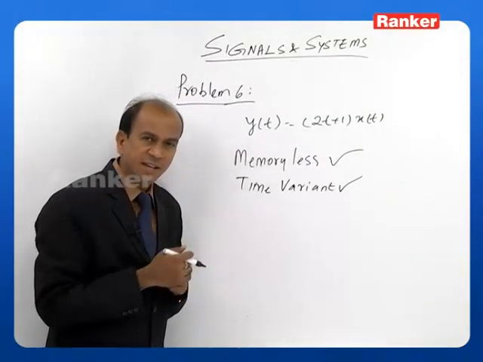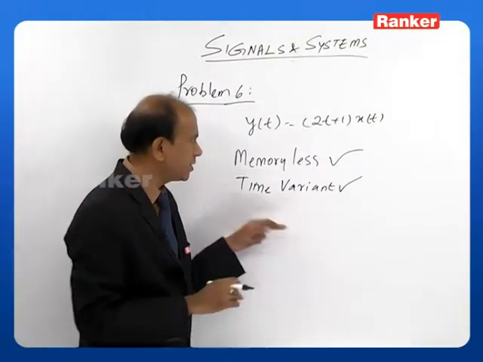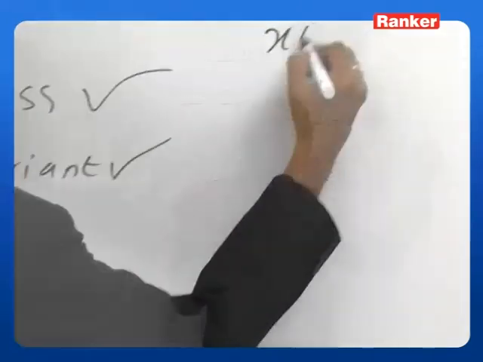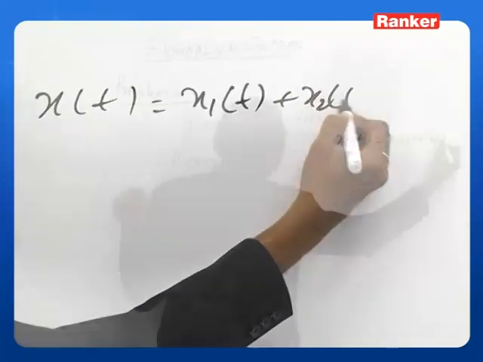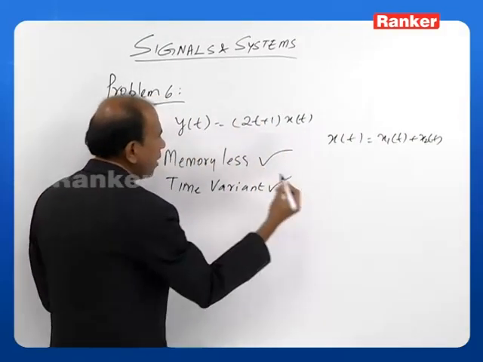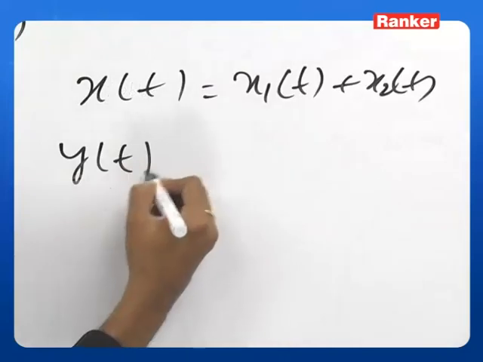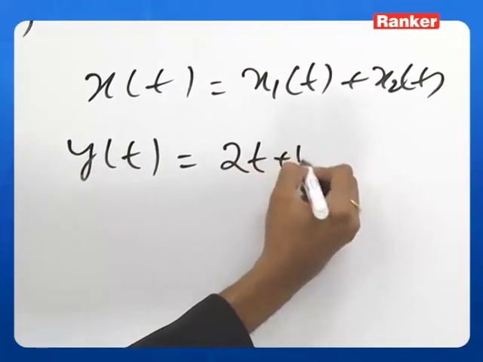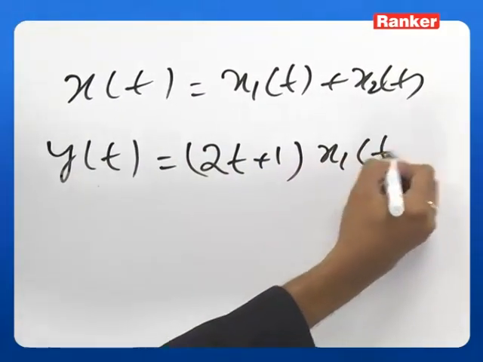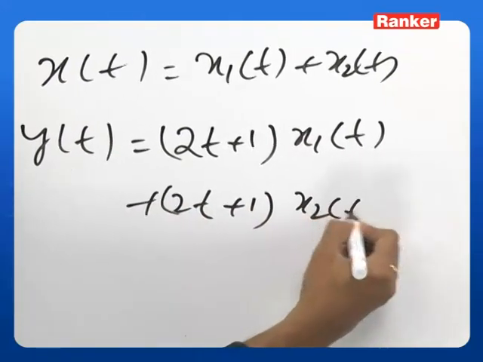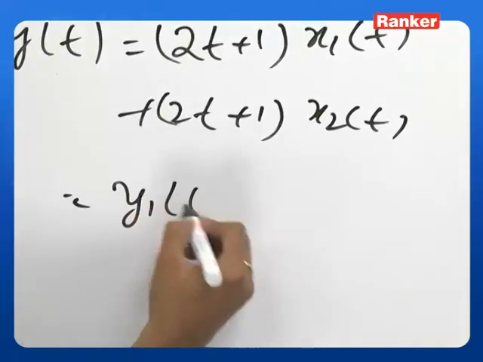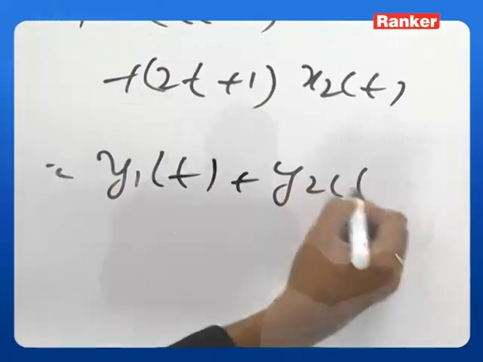And we have to see whether it is linear or not. This is in fact a linear system because if we say x of t can be written as x1 of t plus x2 of t, then the output y of t will be (2t plus 1) x1 of t plus (2t plus 1) x2 of t. So, this is equal to y1 of t plus y2 of t.